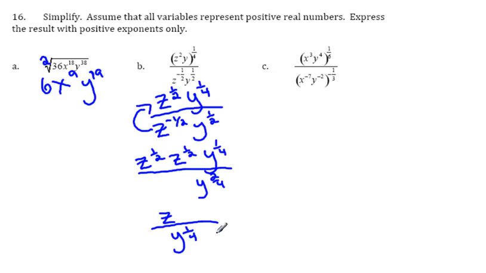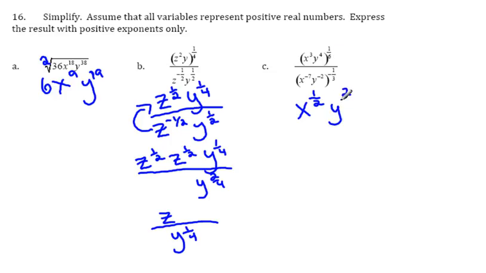Okay, when it comes to c, the first thing I'm going to do is take my powers of my powers, which means multiply this power times the power outside the parentheses. So that's going to give me initially x to the 3/6, which I'm going to reduce to 1/2. I should have left them at 6's. Then y to the 4/6 becomes y to the 2/3.